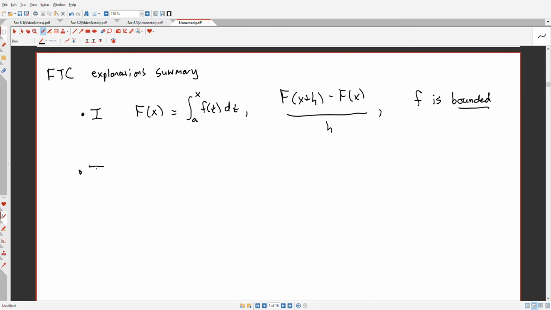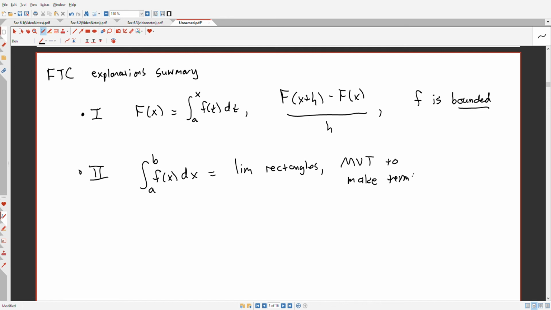For part 2, what we used was the limit definition in terms of rectangles. So I'll just say rectangles. And then we use the mean value theorem to make terms cancel. And all of that worked out to give us both of these.